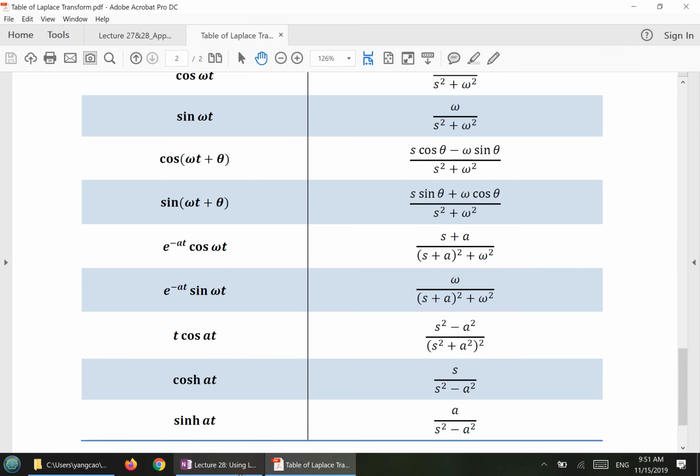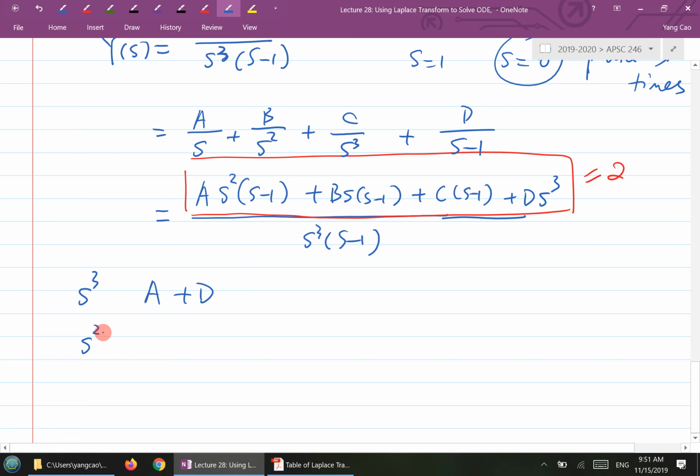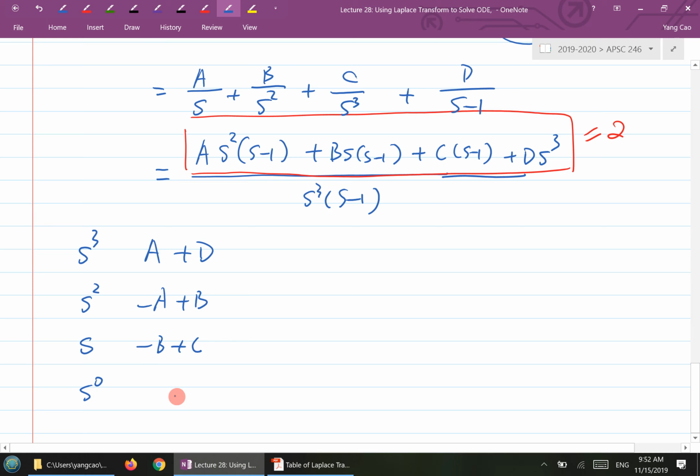For the s squared term, you have negative a plus b. For the s term, you have negative b plus c. Constant term, negative c. So basically this is 0, this is 0, this is 0, and this is what?